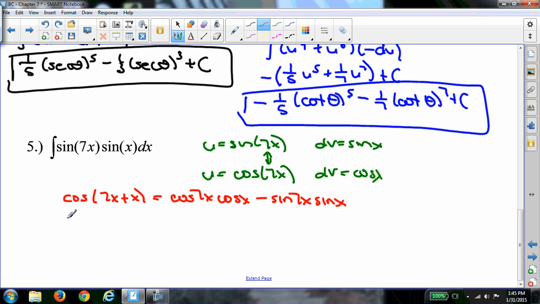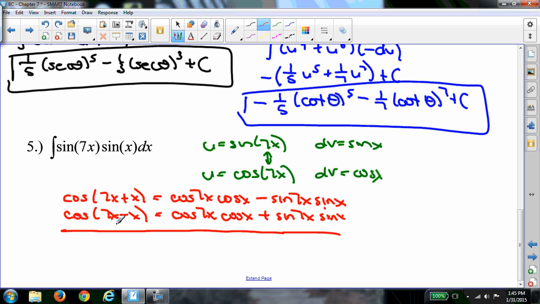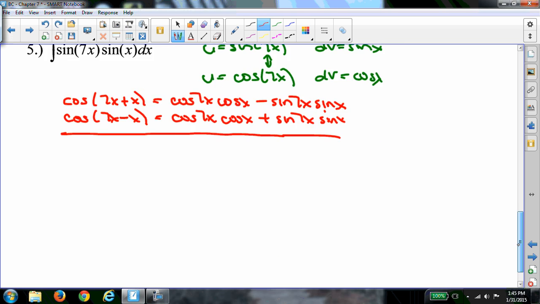And then if we do likewise with the cosine 7x minus x, we're going to do cosine plus sine. So notice I have the sine 7x's over here on this side. You need to think about how you want to combine these so that the result, after you combine them, is a sine 7x times sine x.